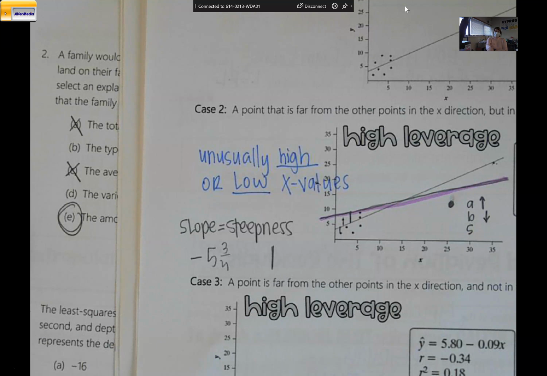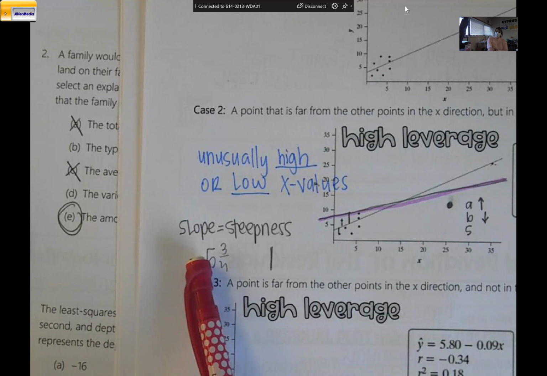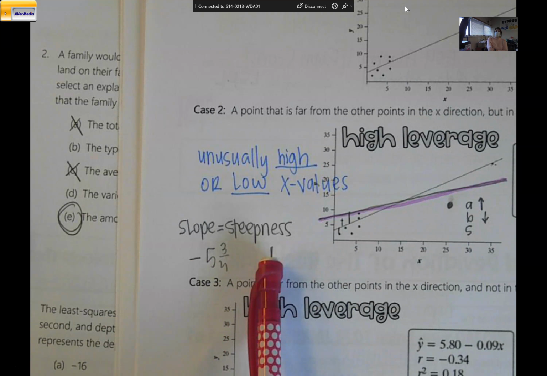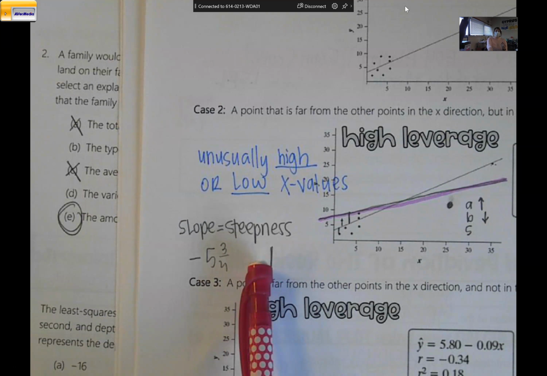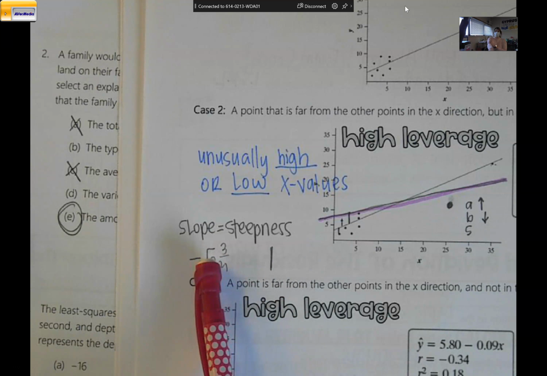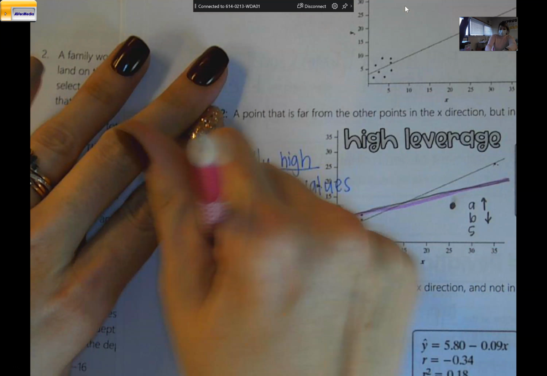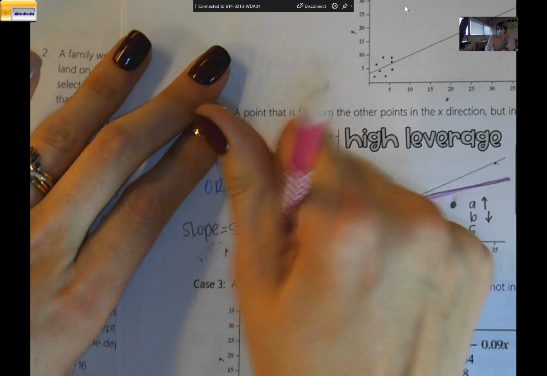So if you think about these mathematically, this is a smaller slope than this. But if you think about it in terms of the actual idea of slope, this slope is bigger than this slope because this one is steeper. So think about slope in terms of steepness. Are you guys okay with that?